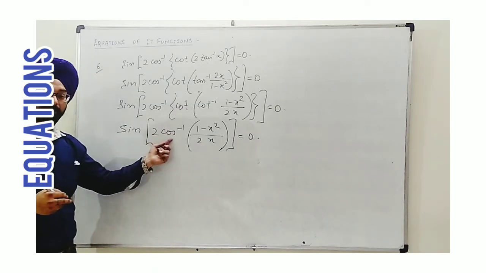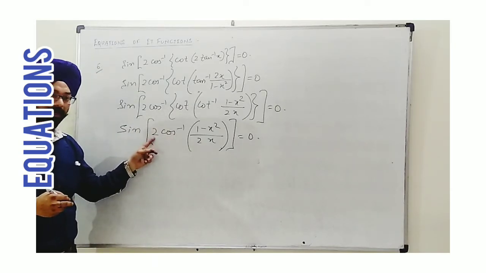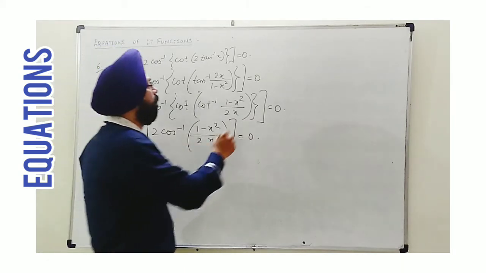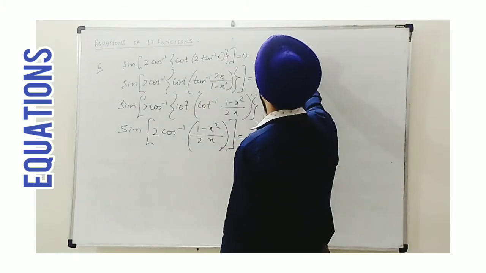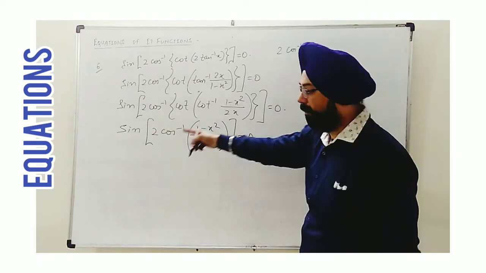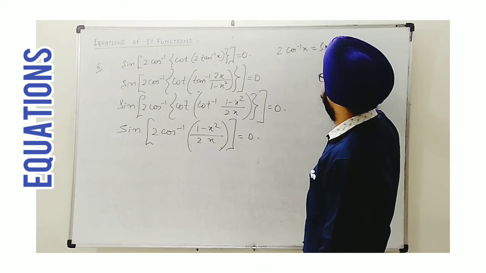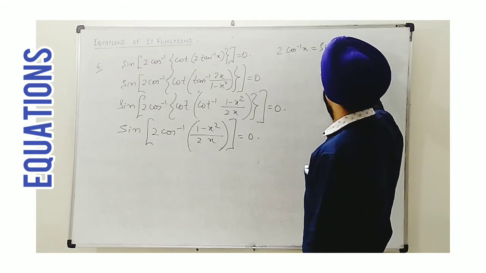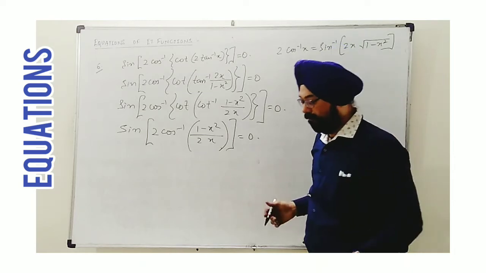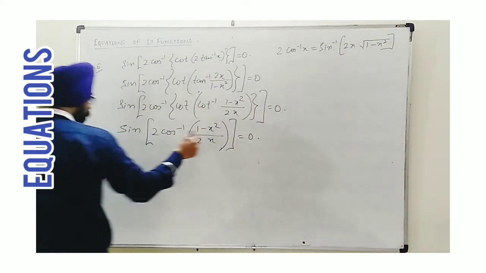So no cancellation will be applied till we remove this 2. Applying the twice of cos⁻¹ x identity. Now 2 cos⁻¹ x, we have to convert into sin⁻¹, as outside we are having the sine function. So this will become sin⁻¹(2x√(1 − x²)). I hope so far you have learned the identities by this module.